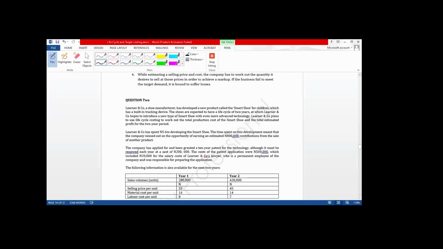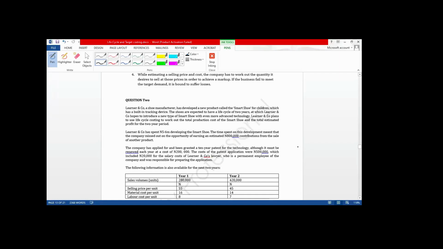The company has applied for and have been granted a 10-year patent for the technology. That means that technology has been patented for 10 years. No other company can use that technology, although it must be renewed each year at a cost of 200,000.